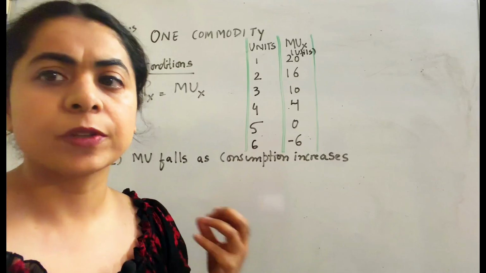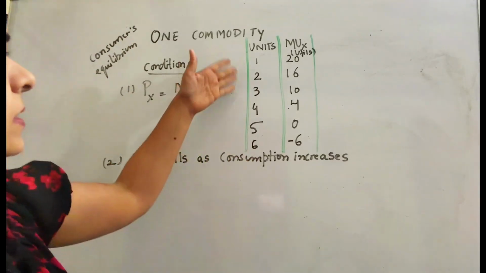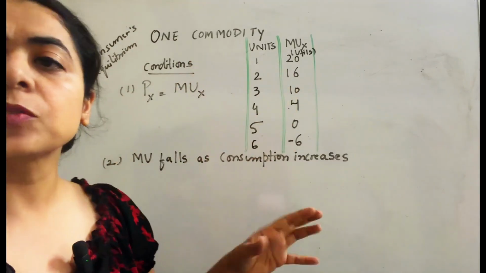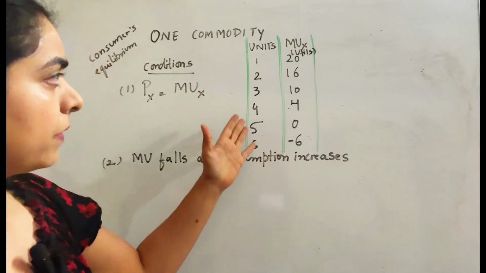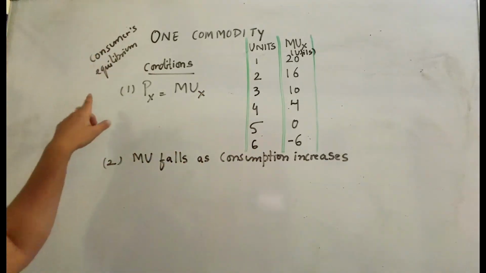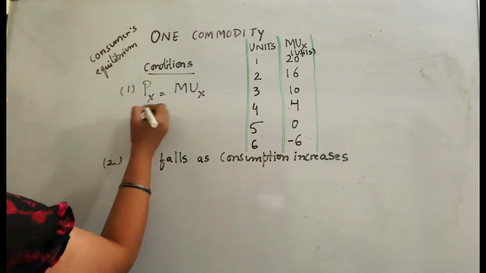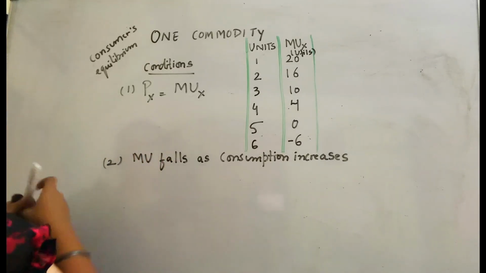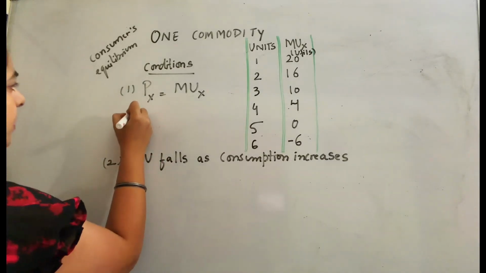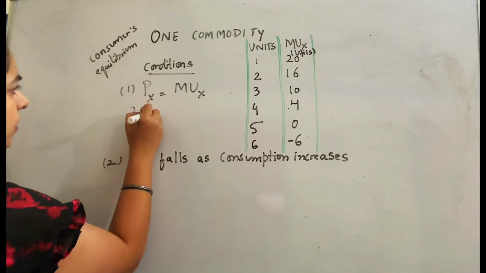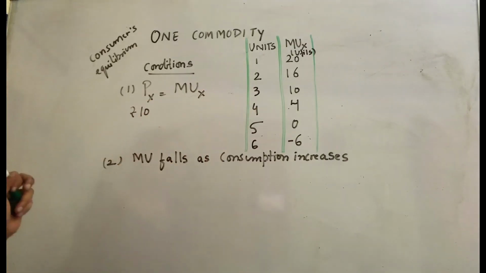Let's understand this with the help of an example. These are the units of good X, and along with this the marginal utility of good X is given. Now, according to the condition, the price of the good, which in the given case is rupee 10, should be equal to the marginal utility.